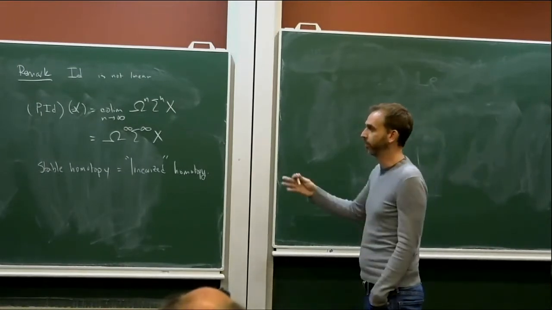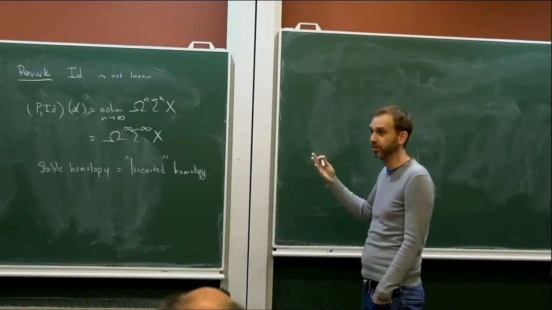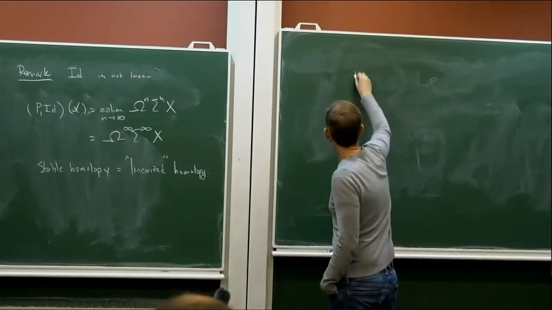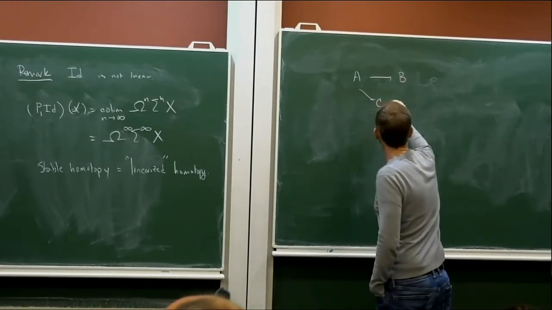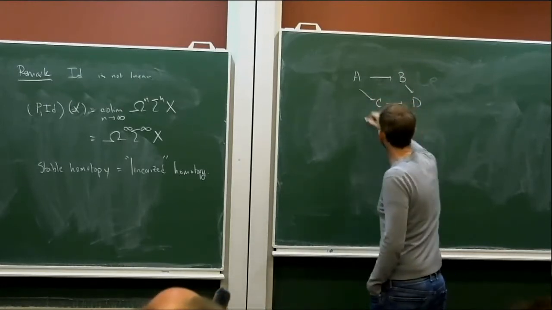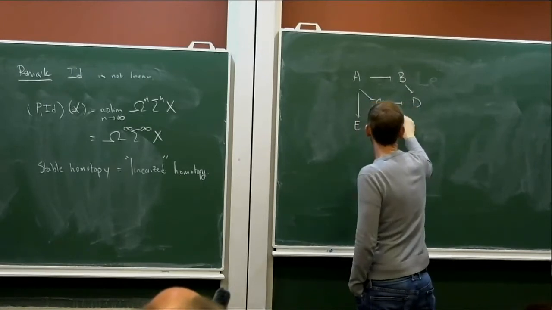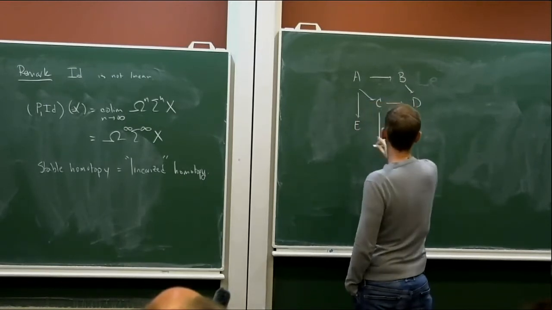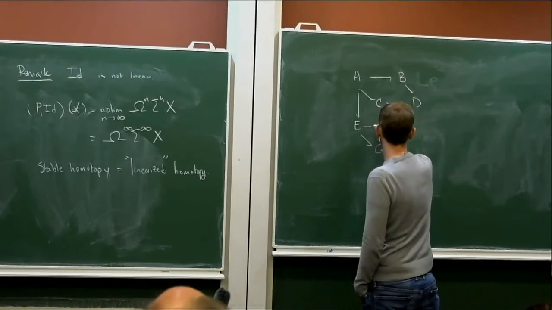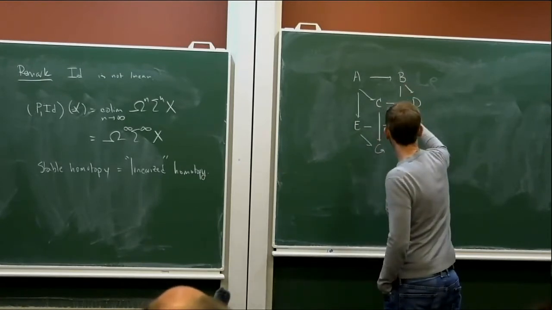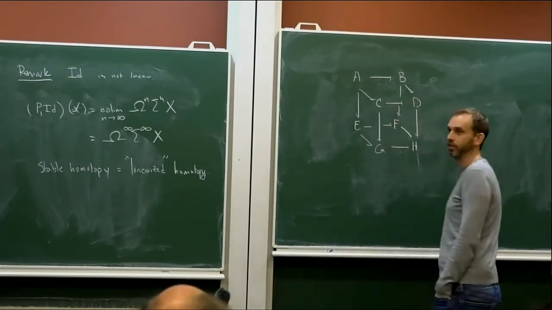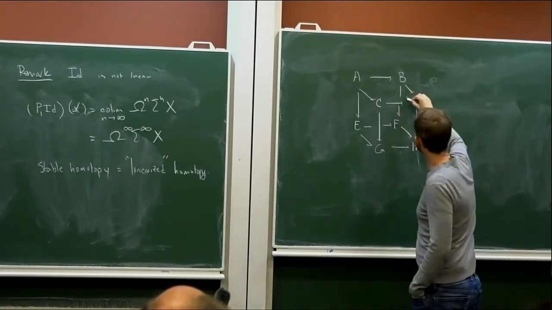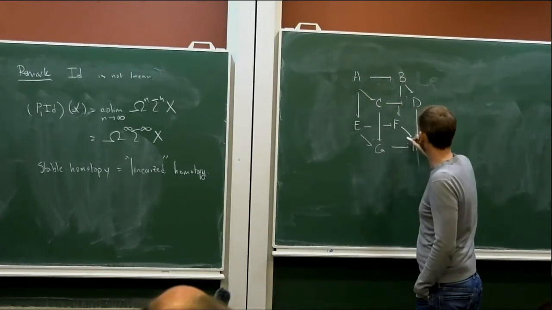Well, we're just going to pass from squares to cubes. So we're going to look at the following situation. Suppose that I have a diagram that looks like this: E, F, G, H. Let's suppose that I had a cube like this, and let's suppose that every face is a push out.